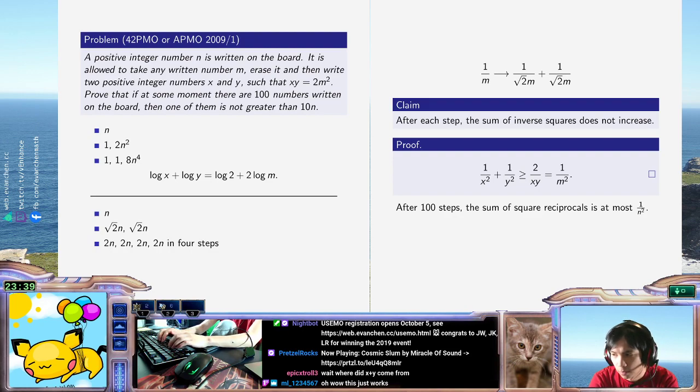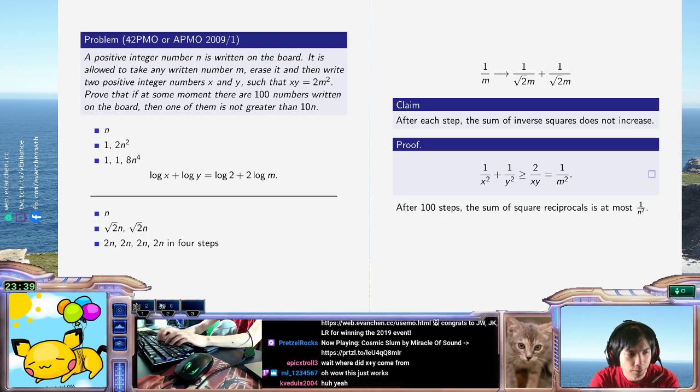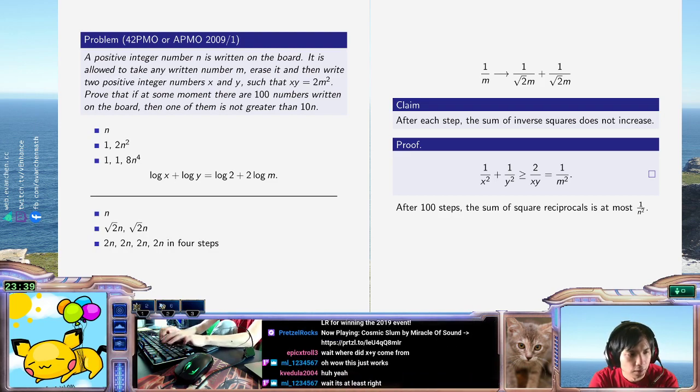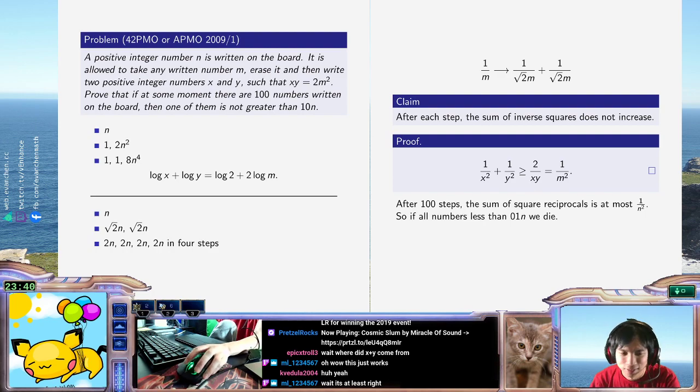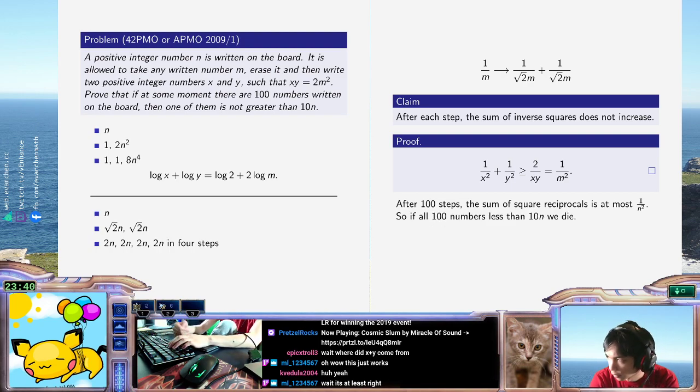So if all numbers are less than 2n, we die. Sorry, no. Am I flipping all the signs? It's at least the previous. Does not decrease. Yes, it does not decrease.